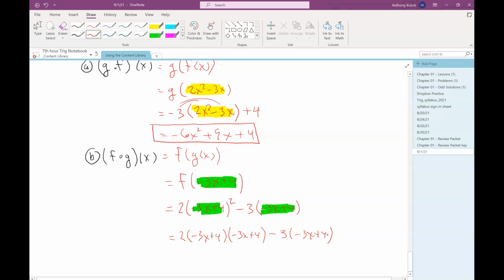If I write it that way, what would we need to do? FOIL, right? Now, my suggestion would be to leave the 2 for last. I would FOIL that stuff and then distribute the 2 through. I think that is the easier way of going about doing this.